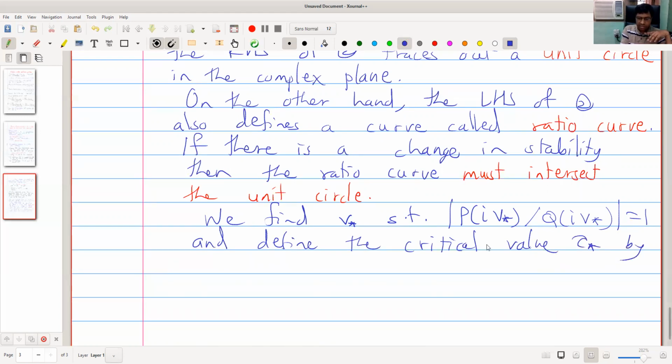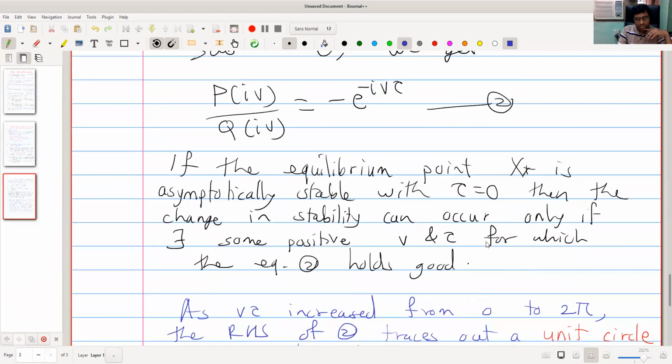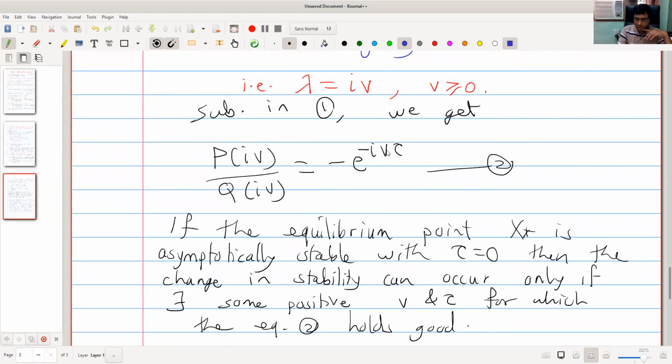Now what we do? We substitute this v star on the right hand side of the equation: P of i v star by Q of i v star equal to minus e raised to minus i v star tau star.